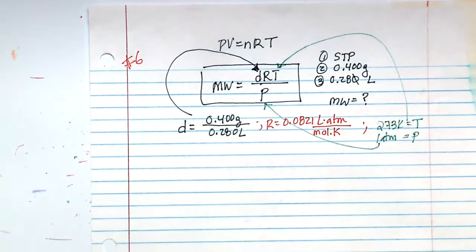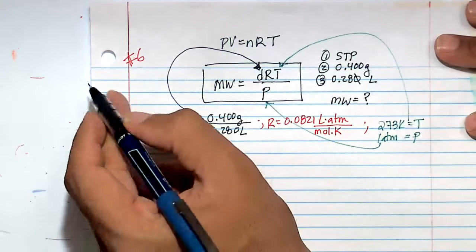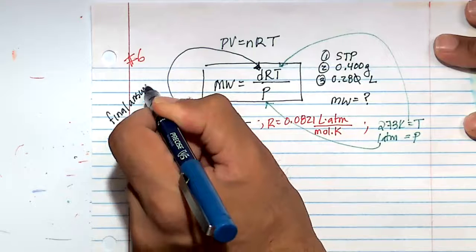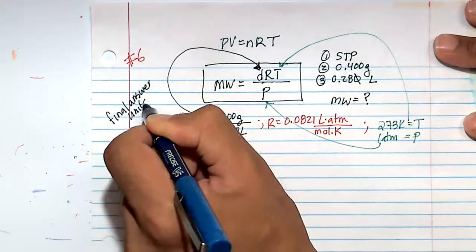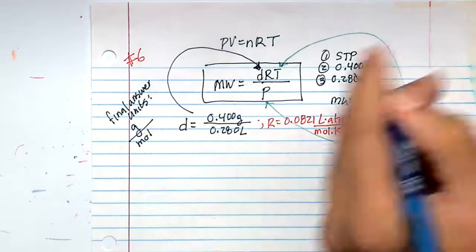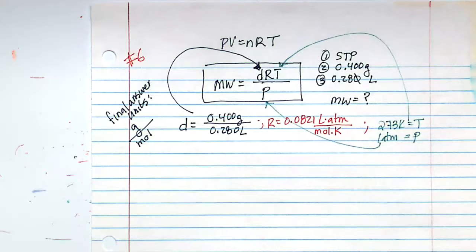If you put in your units properly, you should see the final units of the answer. It's going to be in grams per mole. That's what molecular weight is, grams per mole. Grams per mole is the molecular weight of an element or a gas or whatever compound.